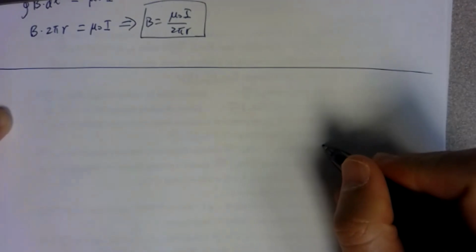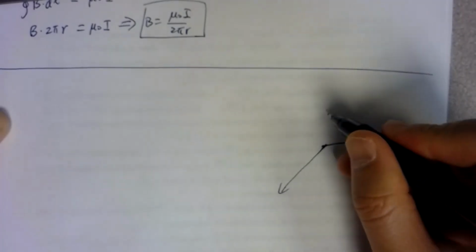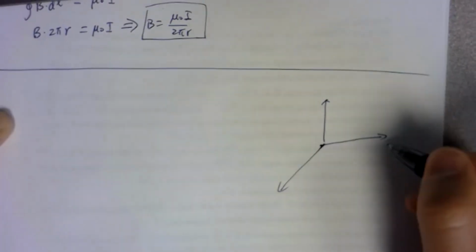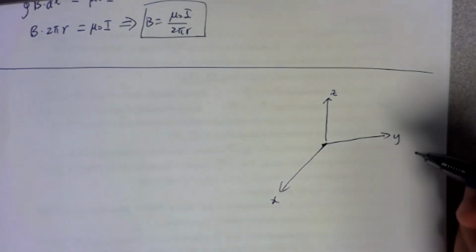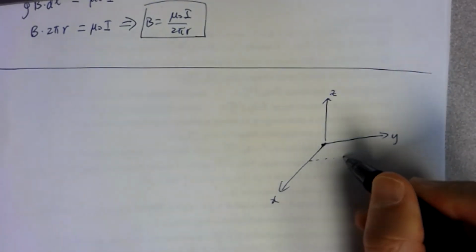Here you have x, which is out of plane, and the paper is the yz plane, with x being perpendicular to the paper.